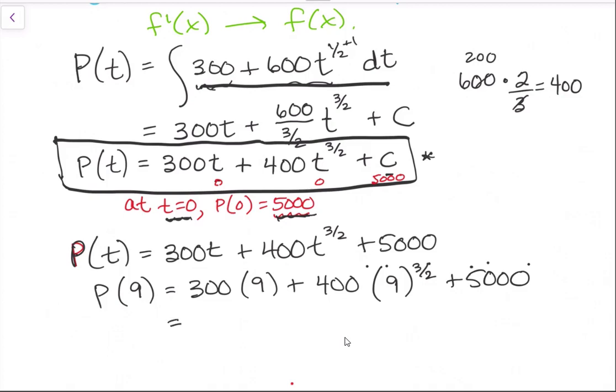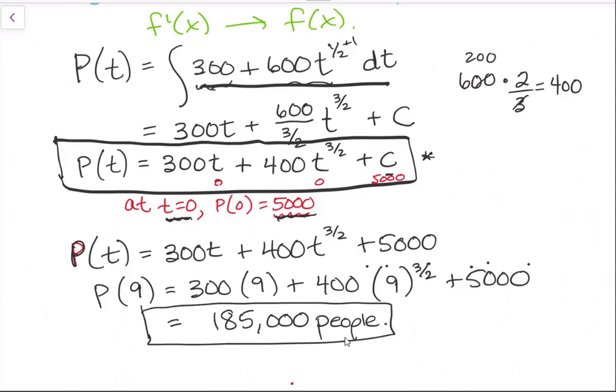Handy dandy calculator time, and I end up with 185,000. Since this is an actual population, my unit would be people. So in 9 years, this particular community will have 185,000 people according to that function.